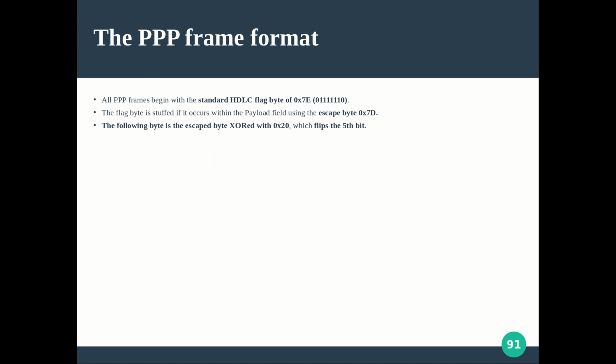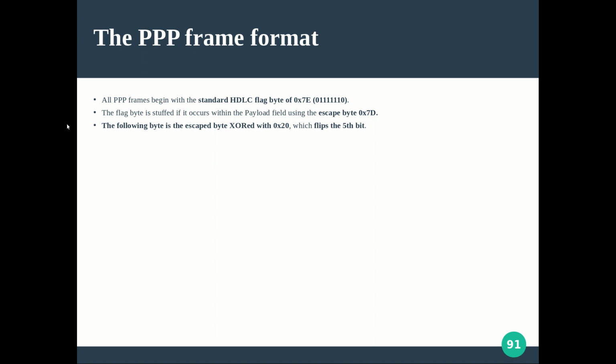In the normal case, what you already learned is that when the special pattern occurs in the message, you append an escape byte just before the occurrence of the special flag. That's all. But here, in addition to stuffing that escape sequence, we are doing one more thing.